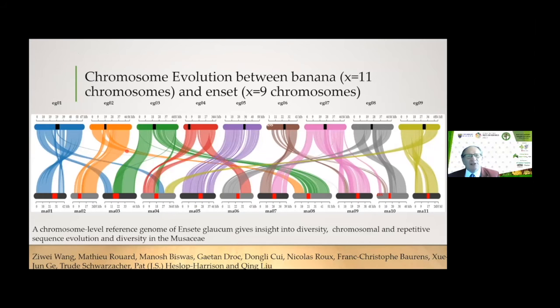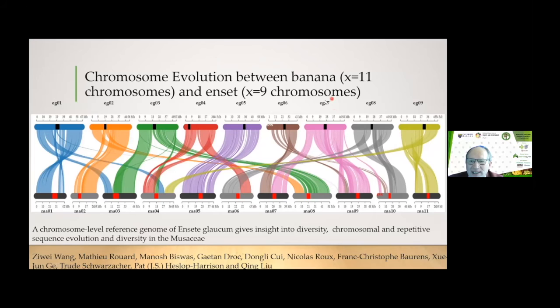Another key thing is how do we use this variation? Well, one of the problems is that chromosome numbers differ, whereas the Musa acuminata and balbisiana have 11 pairs of chromosomes. The glaucum has only 9 pairs, but it's very interesting to see how actually there have been various fusions and fissions of the chromosomes relative to each other.